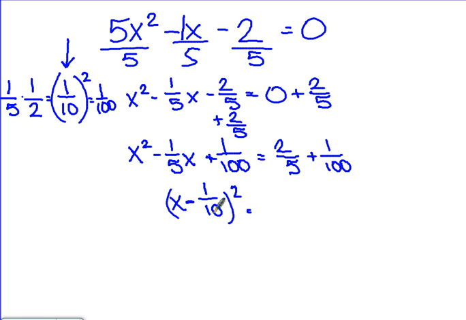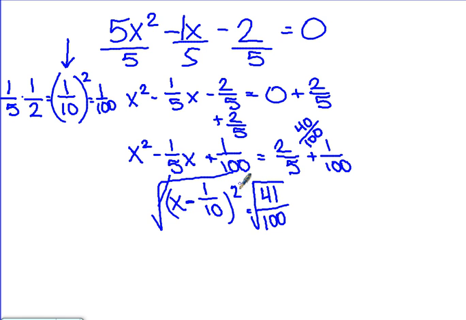So I have (x - 1/10)² equals, we need to go ahead and add 2/5 plus 1/100 by finding a common denominator. Common denominator is going to be 100. 5 times 20 gave me 100. 20 times 2 is 40. 40 plus 1 is 41, so I have 41/100.